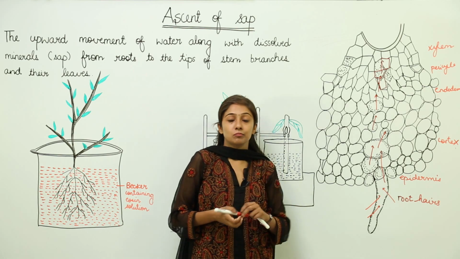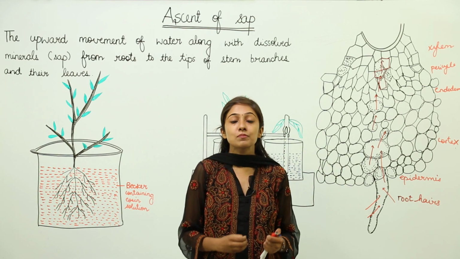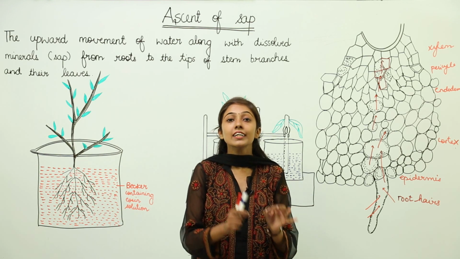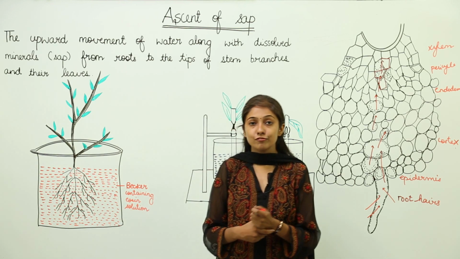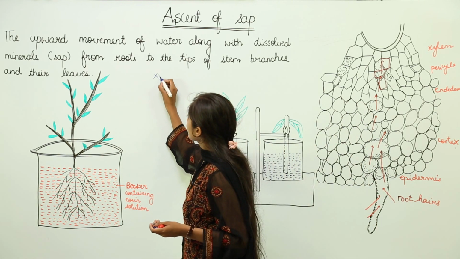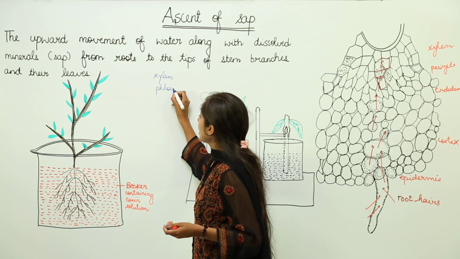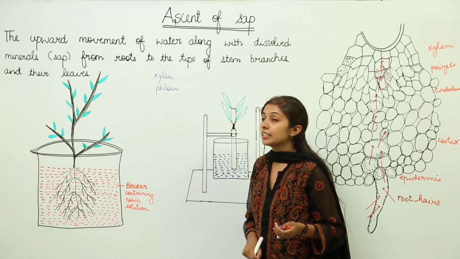Now what is xylem? Xylem is basically a vascular bundle which helps in the conduction of water and minerals. So we have two vascular bundles, we have xylem and we have phloem. What is the function of xylem?